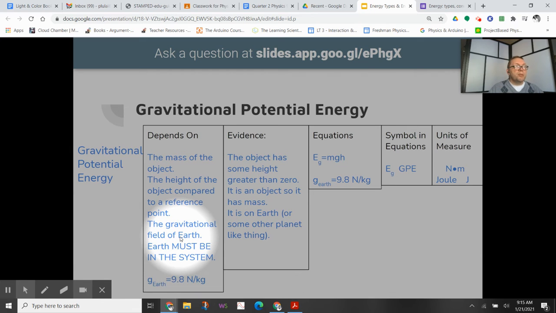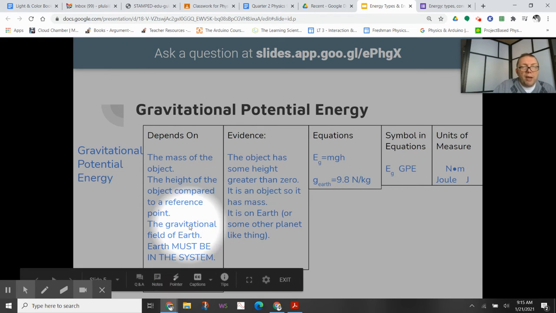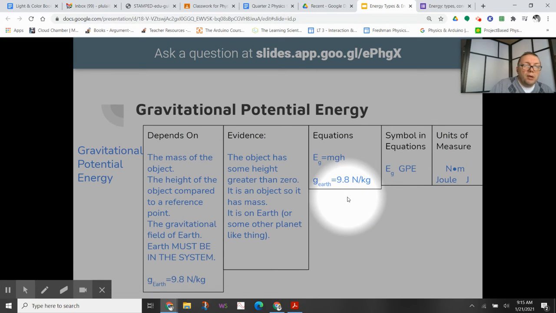Like if we're doing a system schema, the Earth would have to be in our system for there to be gravitational energy. And then the reminder that just like when we did weight, g on Earth is again 9.8 newtons per kilogram. So if we have an object and we're trying to figure out what types of energies are present, if it's kinetic, like we said on the previous slide, we would say, hey, there's an object that has mass and it's moving, it's got some velocity.